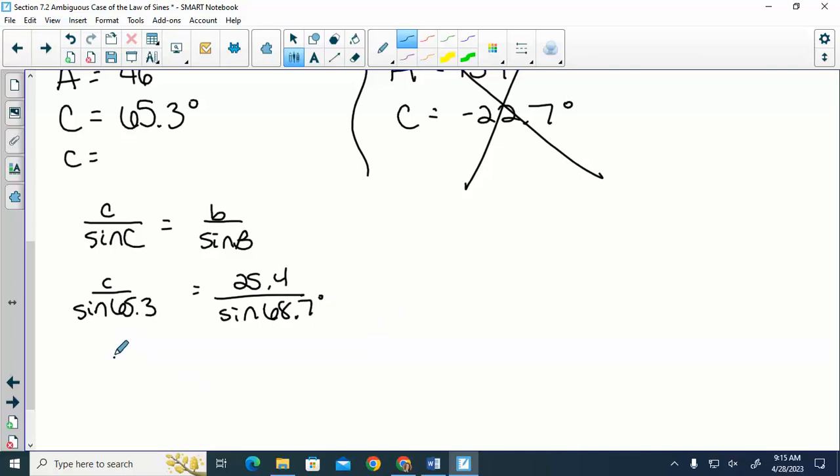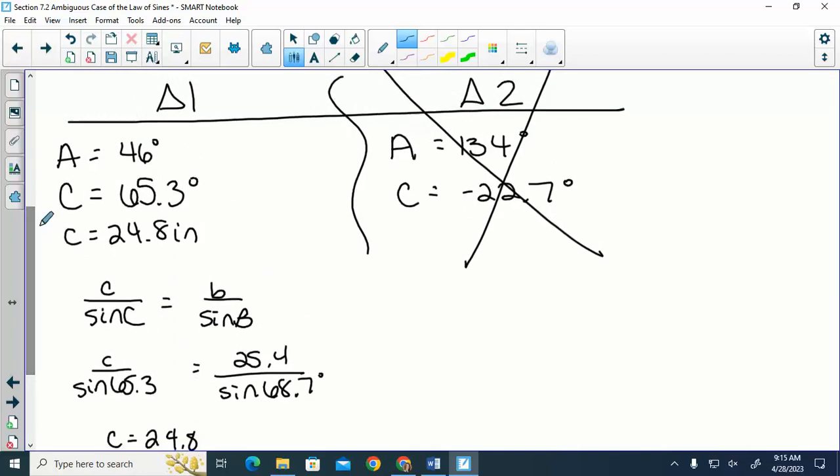So we get side C to be 24.8 inches. So this time, we only had one triangle. So if we're only given one of the angles in the problem, we might have 0, 1, or 2 possible answers.